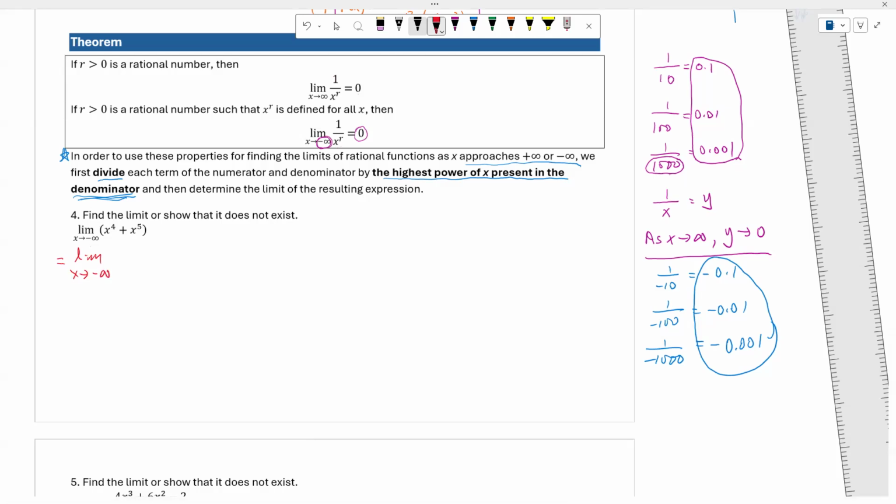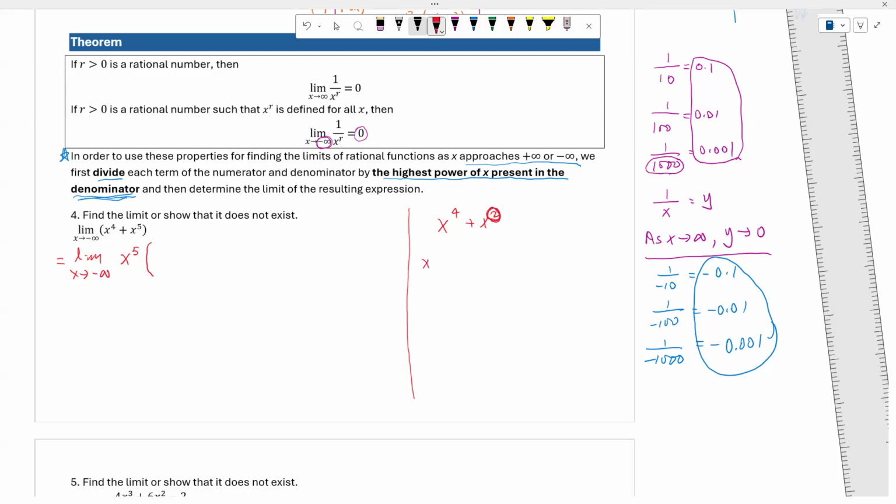Now we would like to factor out the highest power, x to the power 5. Maybe let us go back to the idea about factoring. When I have x to the power 4 plus x squared, usually when we factor, we factor out the term containing the lesser power.